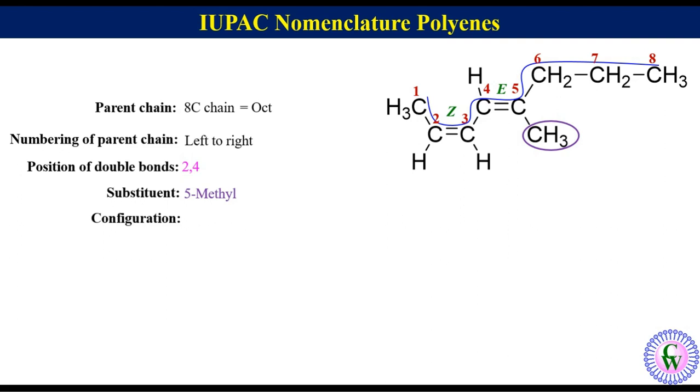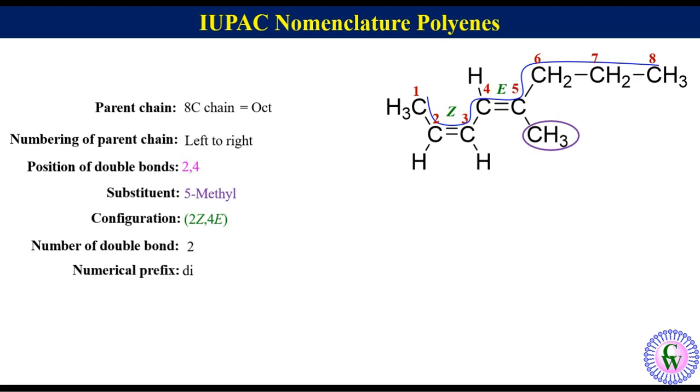So it will be written as 2Z,4E. Number of double bonds, 2. So numerical prefix will be di.